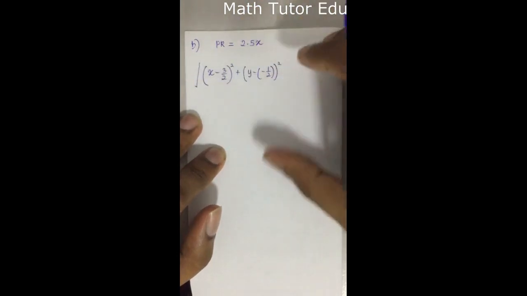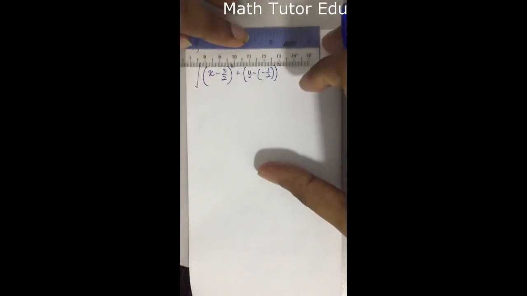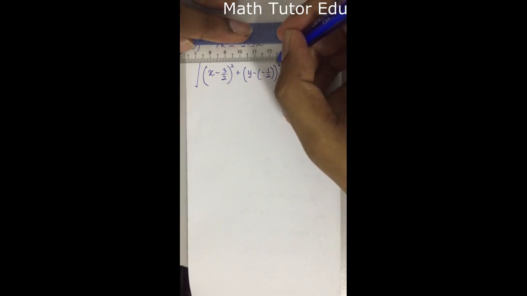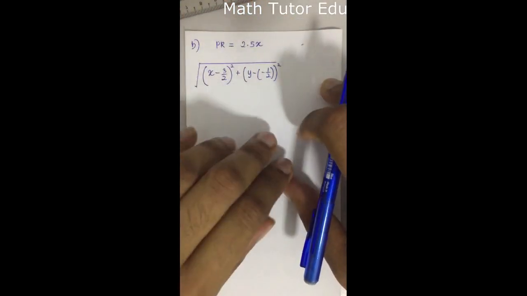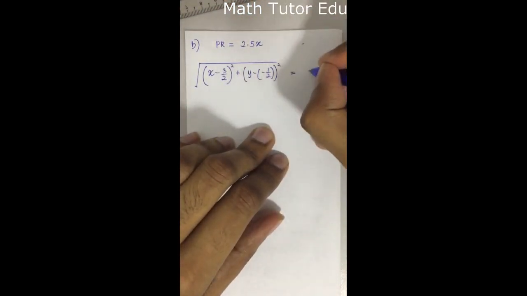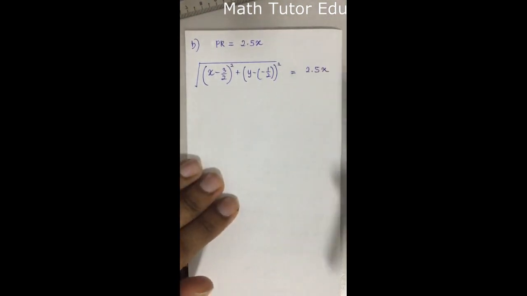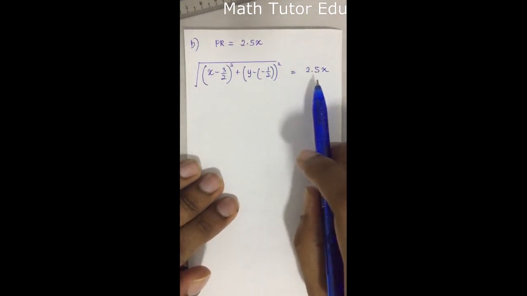Okay, and then don't forget to square root since we are using the distance formula. Okay, and then make sure that it equals to 2.5x.